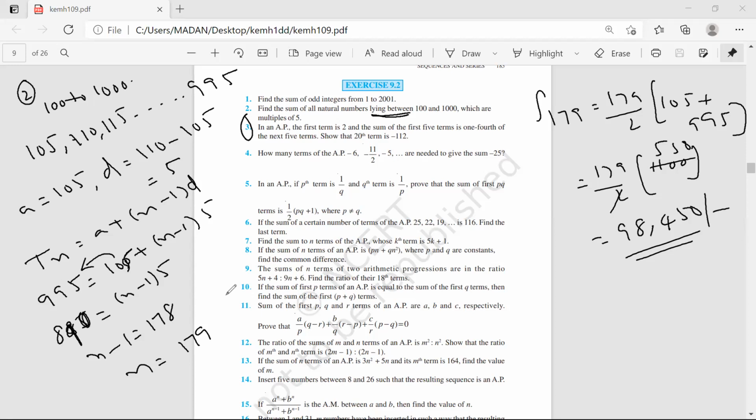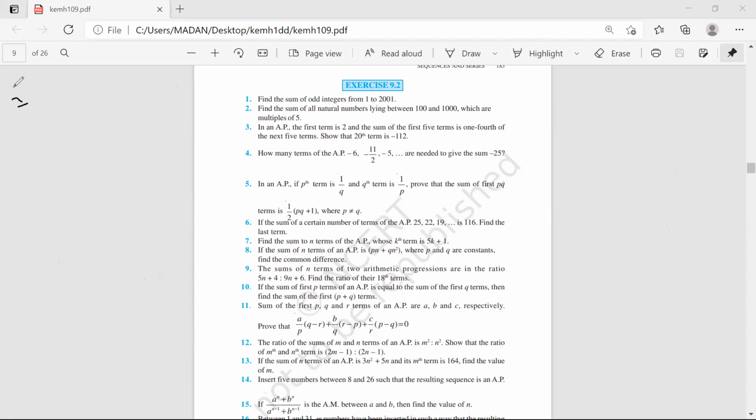Third problem. In an AP, the first term is 2. The sum of the first 5 terms is 1/4 of the next 5 terms. See, in an AP, how will the terms come?